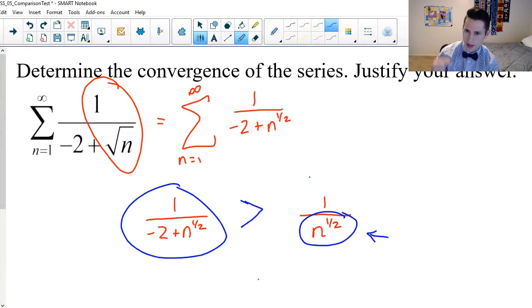We kind of have to go through that process, right? A larger denominator means a smaller overall number. Think of just like 1/4 and 1/5. 5 is a larger number, but that means that 1/4 is larger than 1/5. Okay, same thing here.